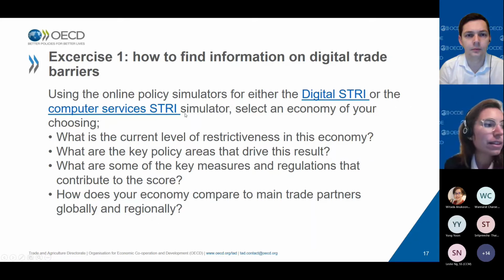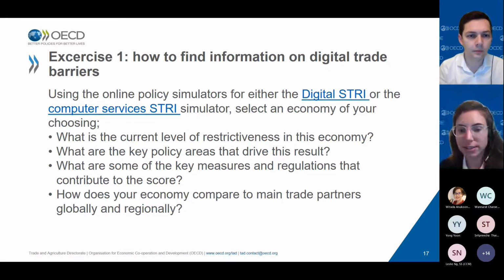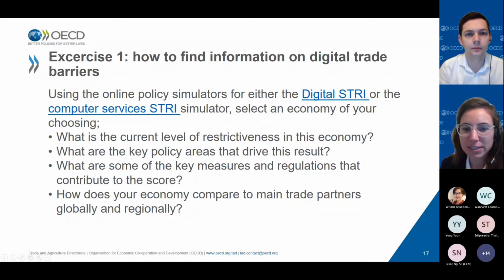The idea was for you to select one country and then answer each of these questions. Would any of you want to present how you approached this exercise? Any of the participants, if you want to start, if not, I'll do as we would have done.